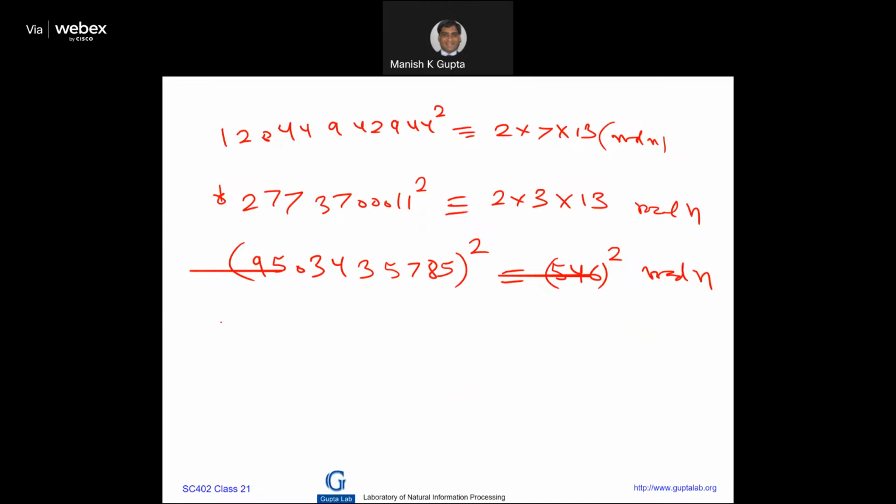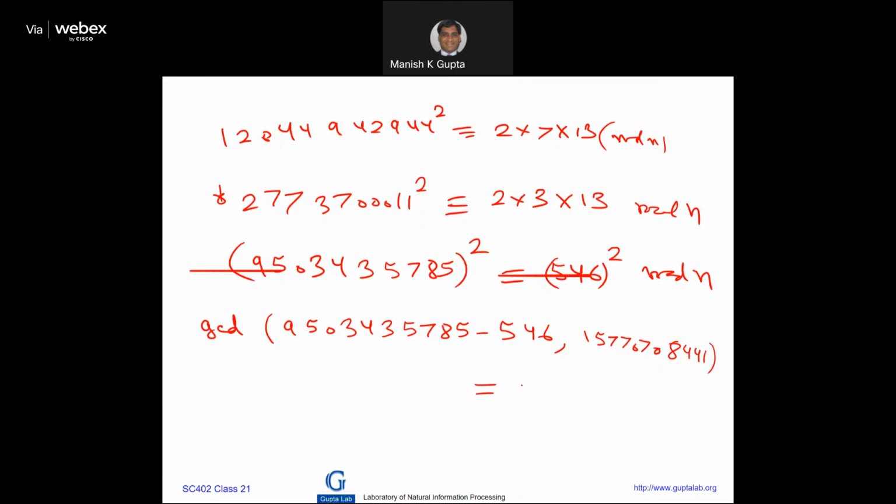And then you again compute the GCD. I'm just writing 950343578 minus 546 with 15770708441.